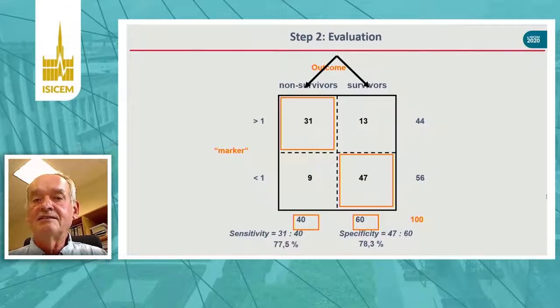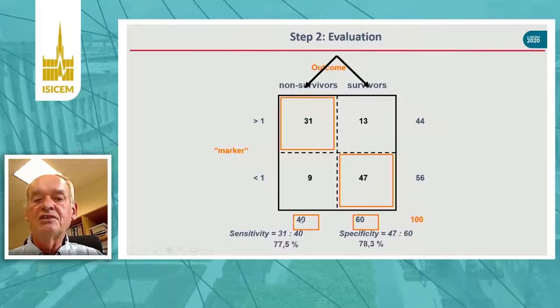So in the second step, you have to make the evaluation to see the quality of the tests. And this is utmost important, this is done by viewing from the side of the outcome or the diagnosis. In this case, it's an outcome, non-survivors and survivors. And you see, are non-survivors those with a higher marker? These are 31.